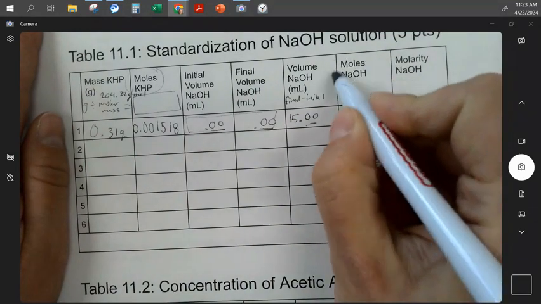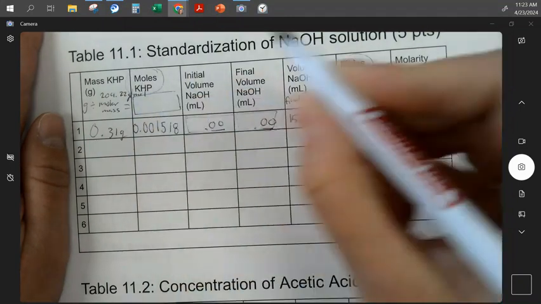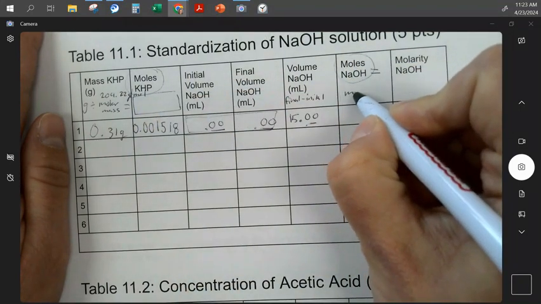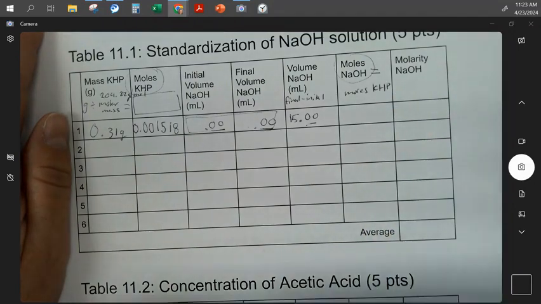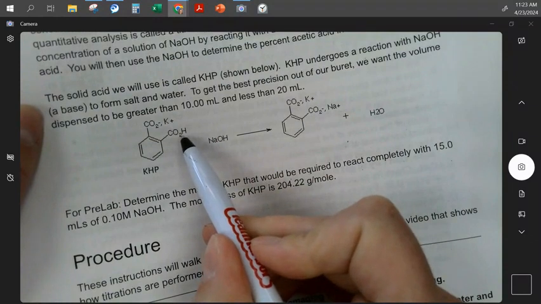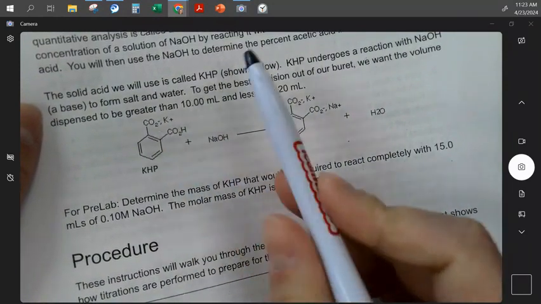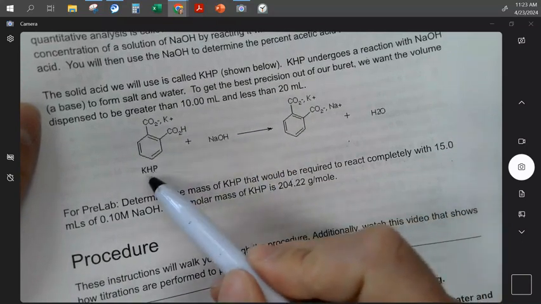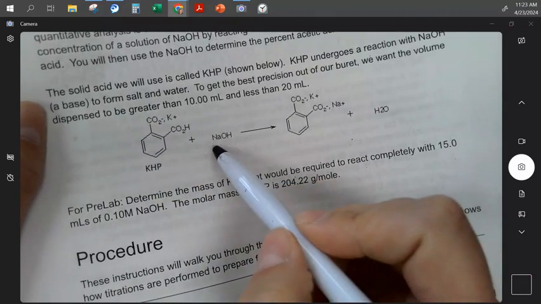Then the next thing is we have to figure out moles of NaOH. So moles of NaOH is the same as moles of KHP. That's because this KHP molecule has this hydrogen that we can titrate with sodium hydroxide, and that's how we're counting. We're counting how many sodium hydroxides do we need for the KHP that we measured, it's a 1-to-1 ratio.